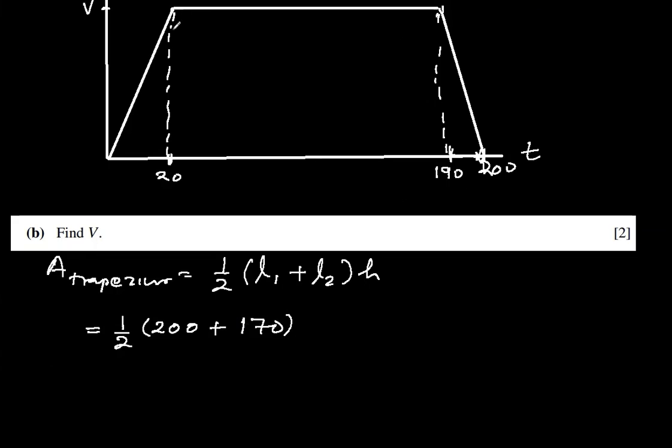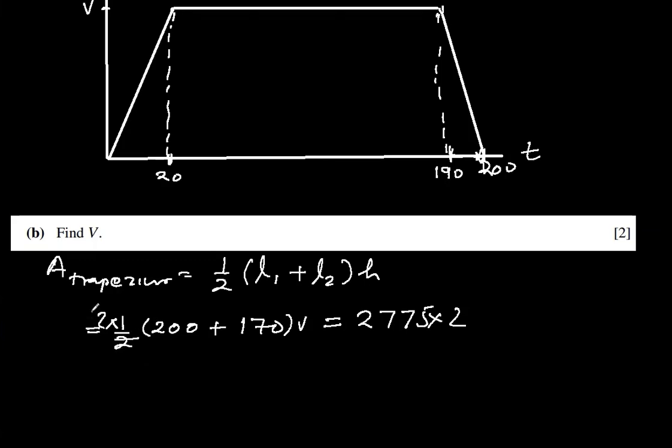And the height between these two parallel lines is v, which we don't know and have to find out. And that is equal to 2775 meters. Let's multiply by 2 to solve this equation.